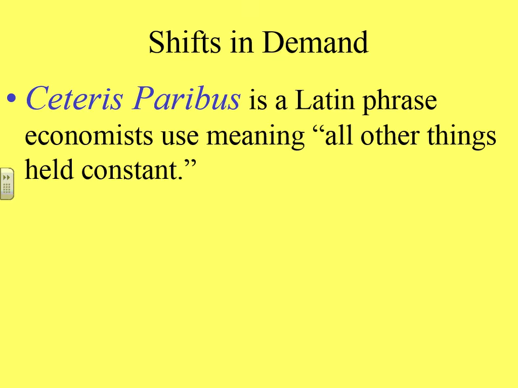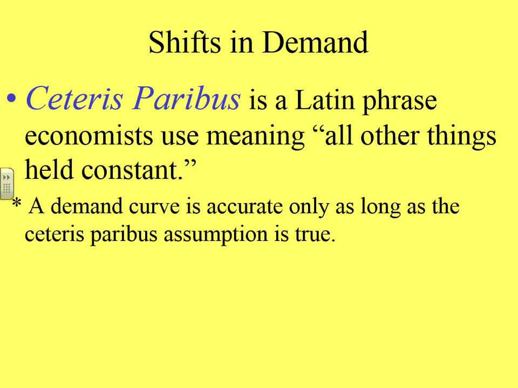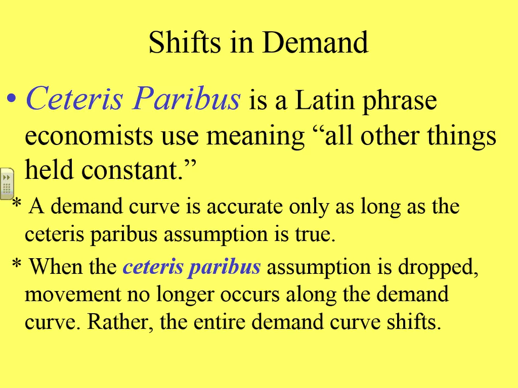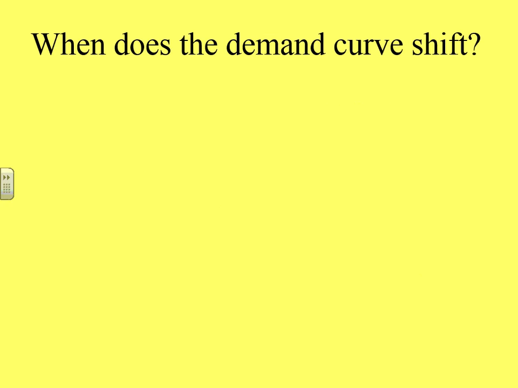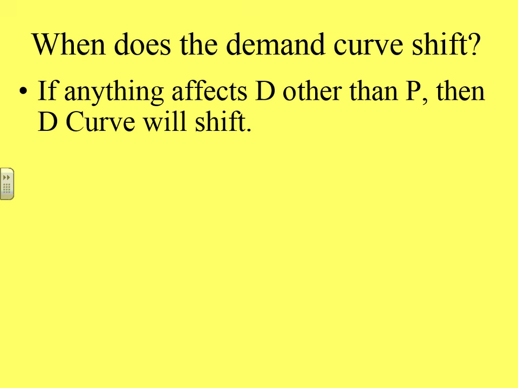So we have lifted ceteris paribus. Once we lift ceteris paribus, that takes into account a lot of different behavior changes in people, so that causes demand curves to shift. If anything besides price occurs, then the demand curve will shift.